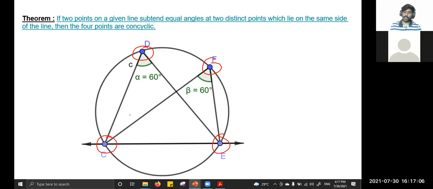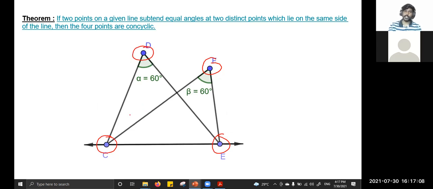So if you have a line segment CE, you take any 2 distant points D and F outside the line segment, you join DC and DE and FC and FE. If these 2 angles formed, angle CDE and angle CFE, are the same, in this case 60 degrees, then all these 4 points C, D, E, F are concyclic.